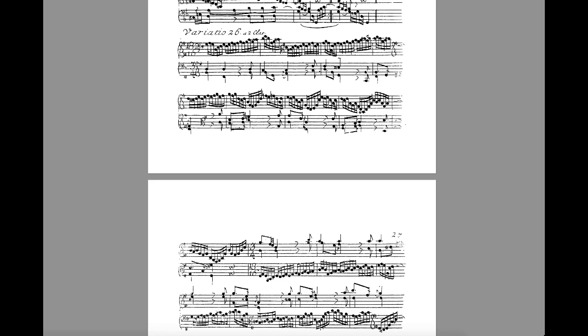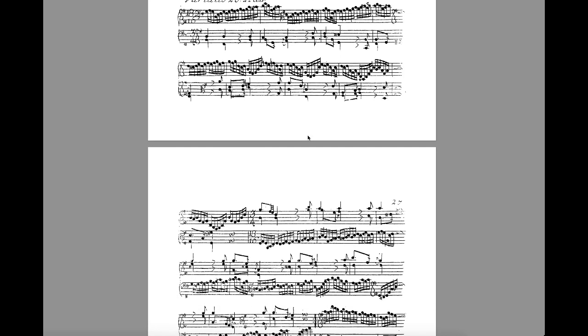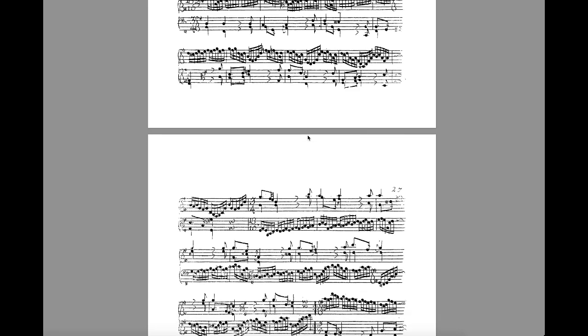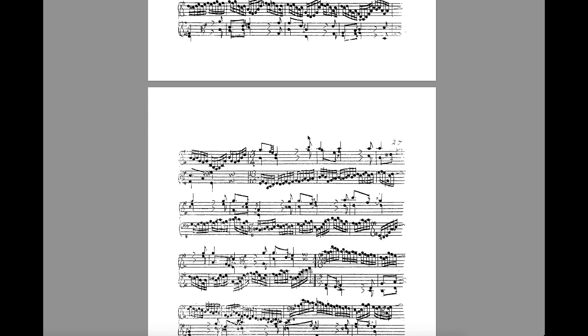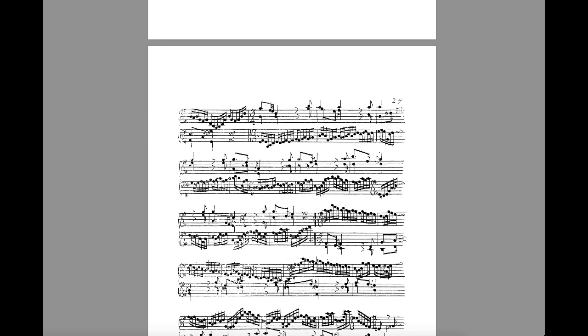There's a small note with a slur. Those were added actually to his personal copy. So all editions made before 1974, I believe it was 1974 that this was discovered, do not have these small notes. Those are known as appoggiaturas. Here's another appoggiatura here. A small note with a slur, small note with a slur, small note with a slur.